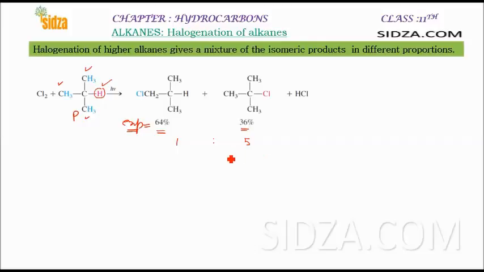So how do we calculate the actual ratio? We calculate from the number of hydrogen atoms. See how many hydrogen atoms are here? 9 primary and 1 tertiary. So as per the number of hydrogen atoms, the expected ratio should be 9:1.